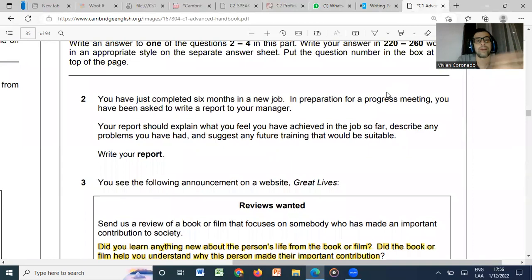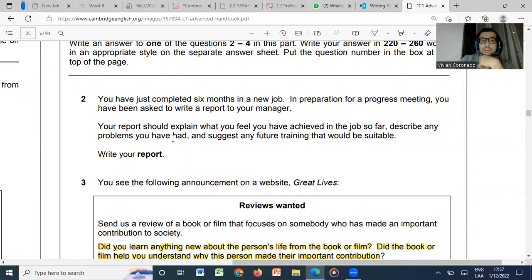We have it here. So it says, okay, you have just completed 6 months in a new job. In preparation for a progress meeting, you have been asked to write a report to your manager. So in this case, your report should explain what you feel you have achieved in the job so far.